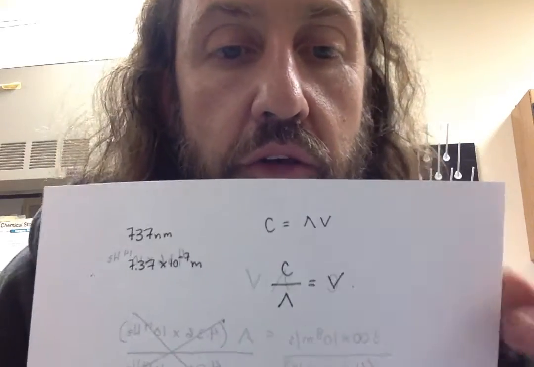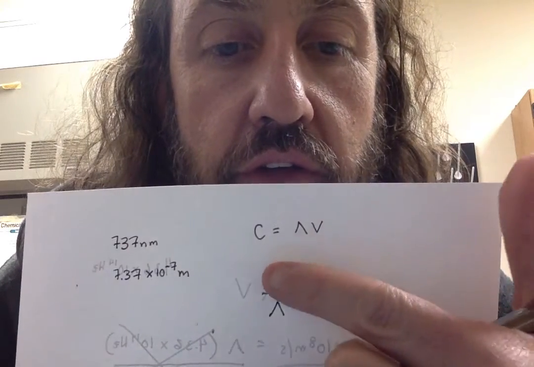Now I'm going to divide c over the wavelength equals the frequency. That's easy. 3 times 10 to the 8th meters per second over 7.37 times 10 to the negative 7th meters equals the frequency.